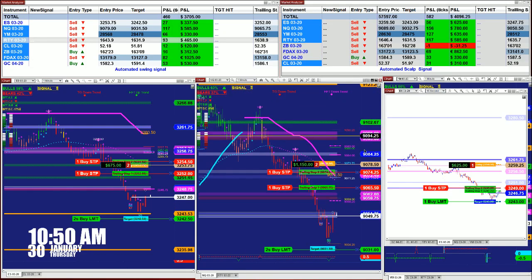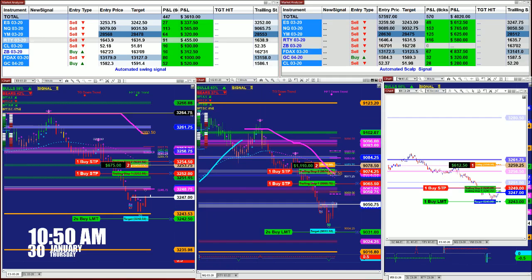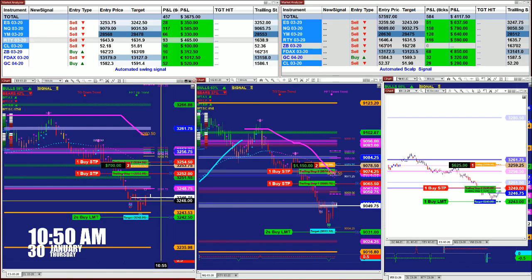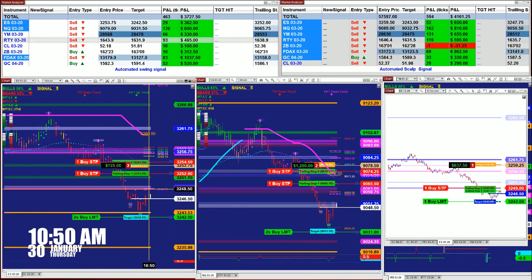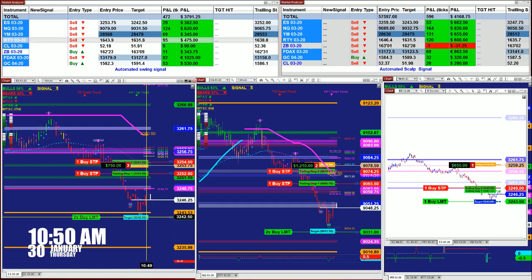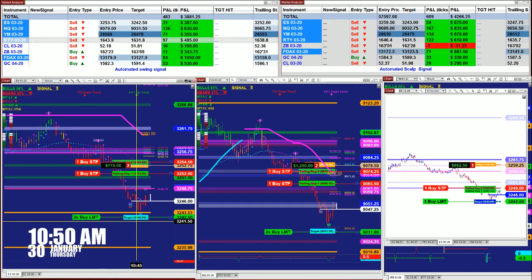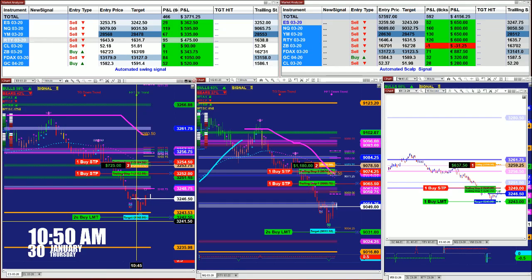We don't have to invent anything or predict anything. As we see on the ES, it came into the resistance line at 32.48 and did not break it. This is an indication we are going down again, baby, and we are closing that trade to the short side.